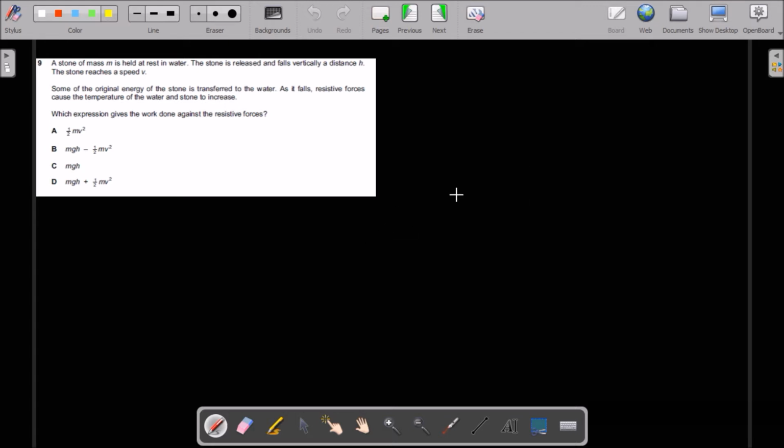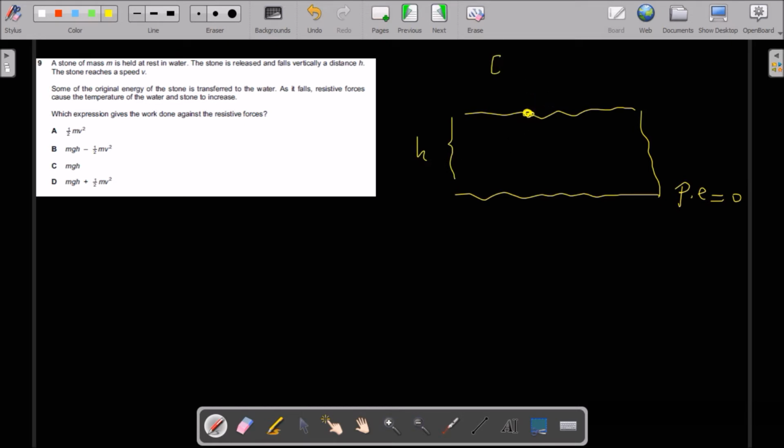Okay, suppose this is the earth, and you know that potential energy considered on the surface of the earth is 0, and this is water. So if the object is at this height, the height will be h.